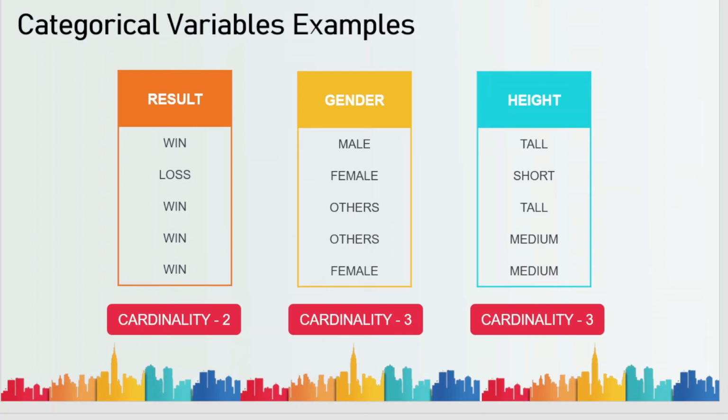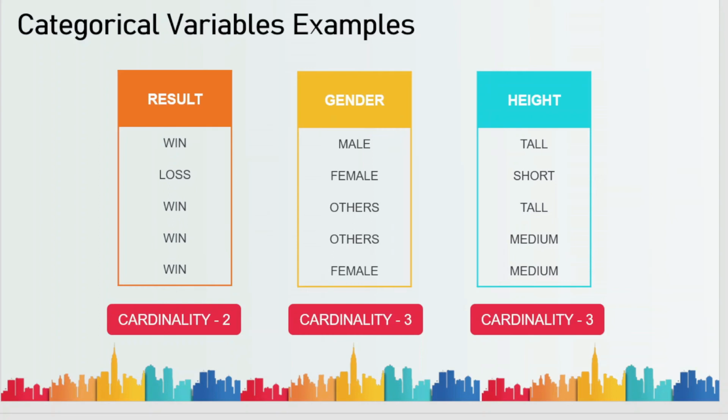Next we have the gender variable, and here we see female, male, and others. In this case, the cardinality is 3. This is an example of a nominal variable. Lastly, we have the height column, and we see values like tall, medium, and short. The cardinality in this case is also 3. And this is the example of an ordinal variable because here we can see we have some order.